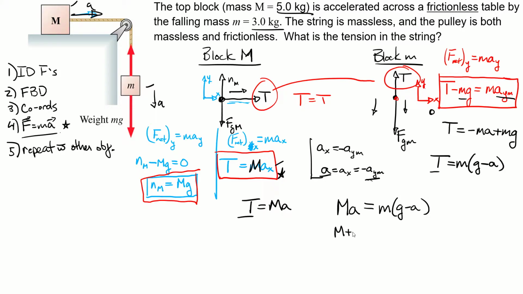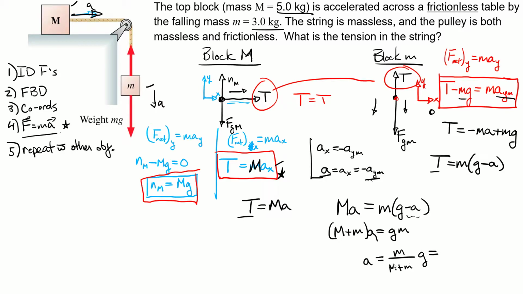I have (M plus little m) times a is equal to g times lowercase m. All I've done is taken this term to the other side. So I know my acceleration is equal to m over (M plus little m) times g.